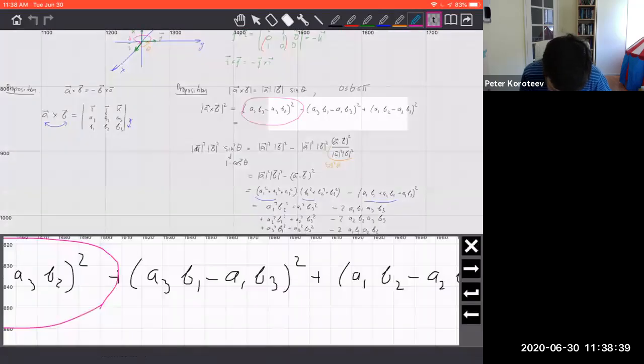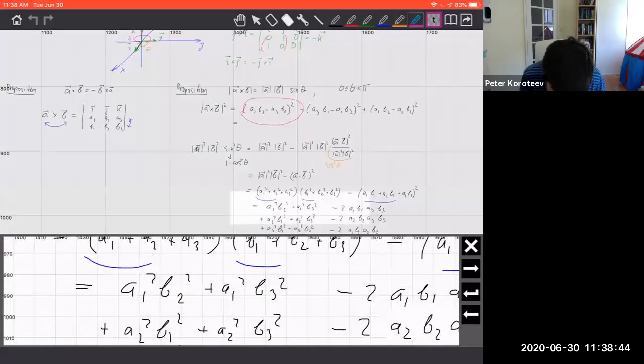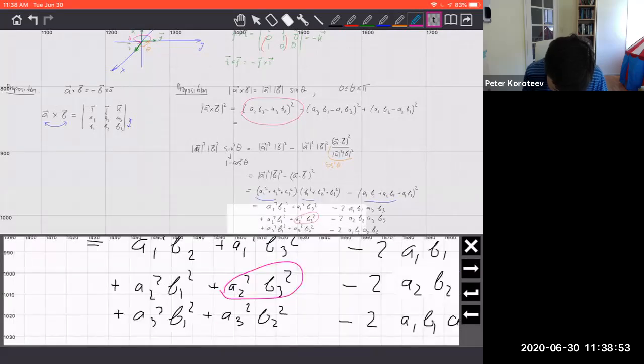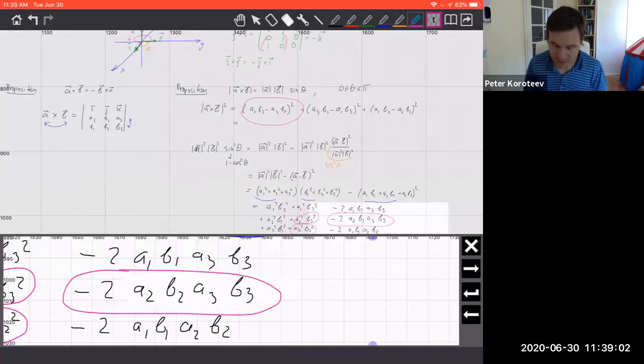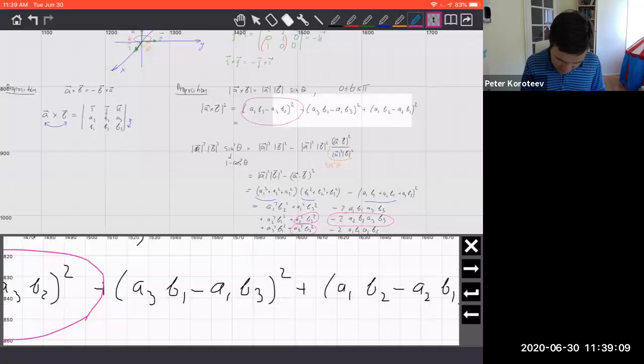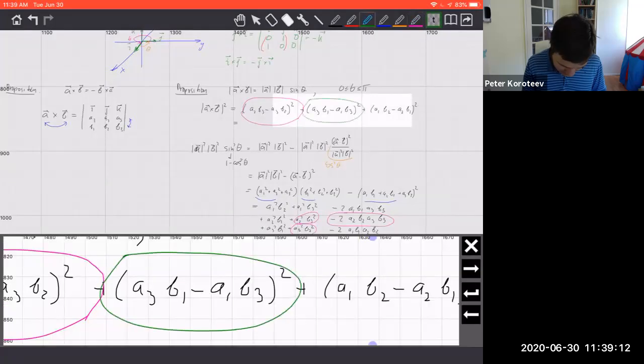So it should be a3 b2, a2 squared b3 squared. Where is it? Purple, right? So this one, that's one square, and a3 b2, and this. So what I surrounded in purple matches. The 3 purple terms on the bottom match the purple term on top.